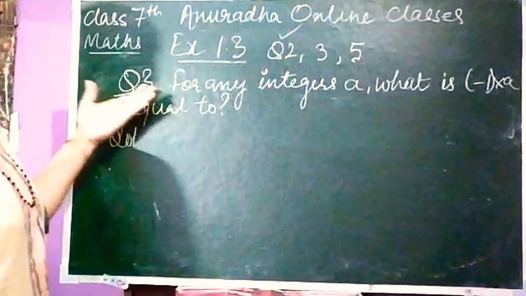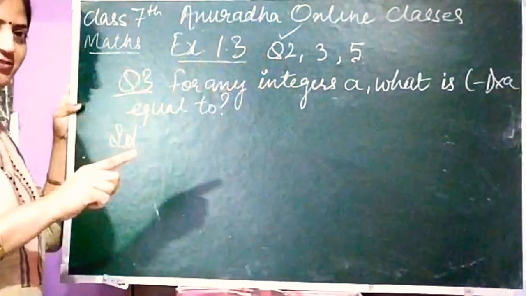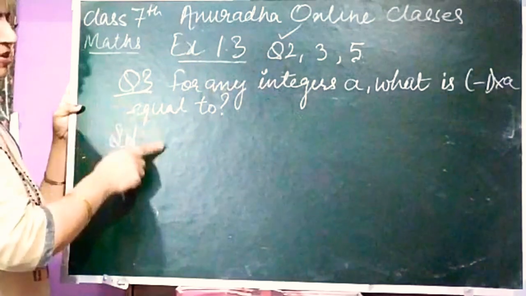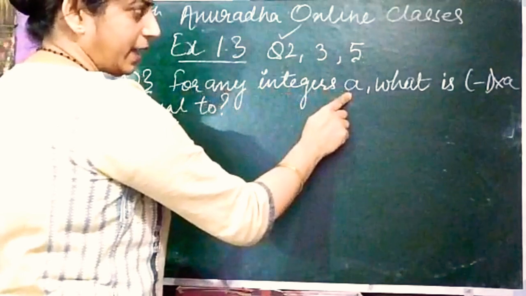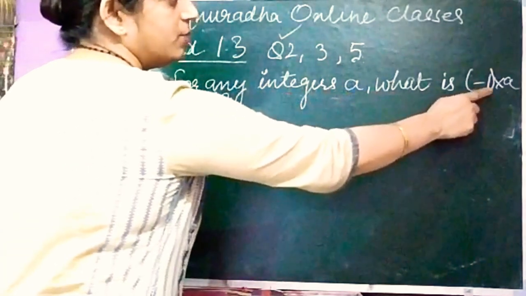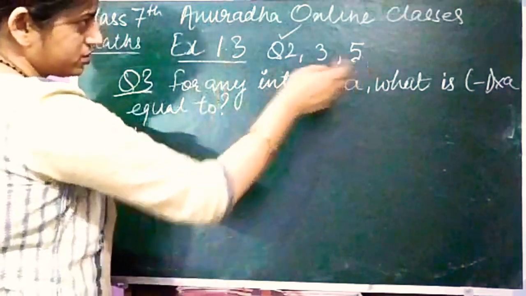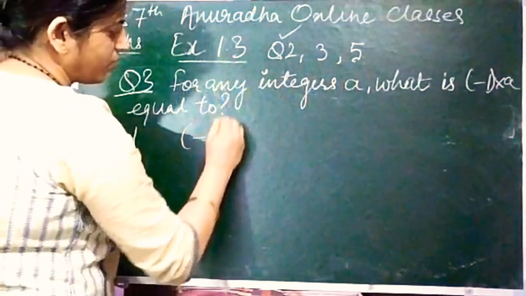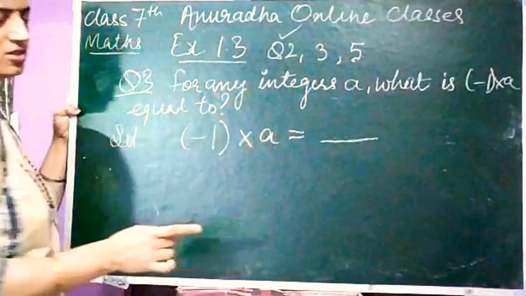So children, look at question number 3. Second part, B part, do by yourself. Question number 3 I am telling you here. Question is, for any integer A, what is minus 1 into A equal to? They have asked.